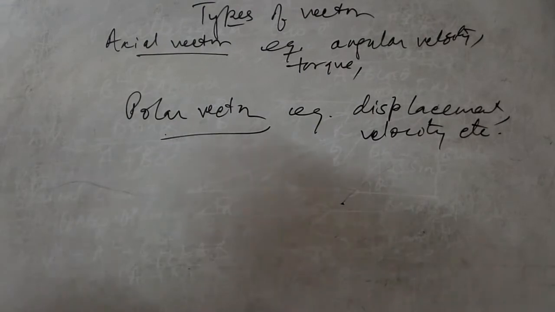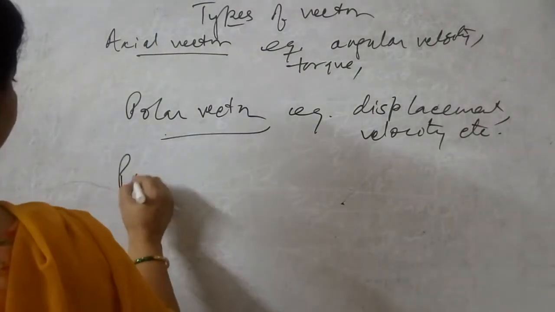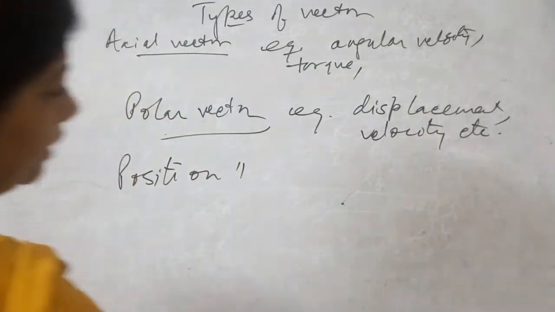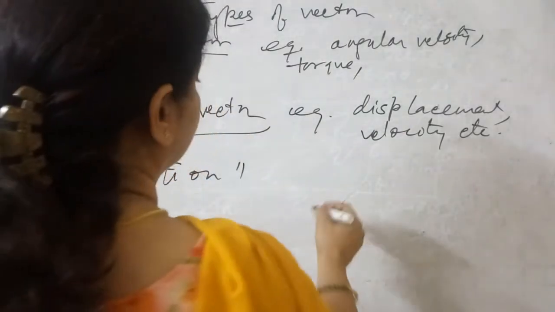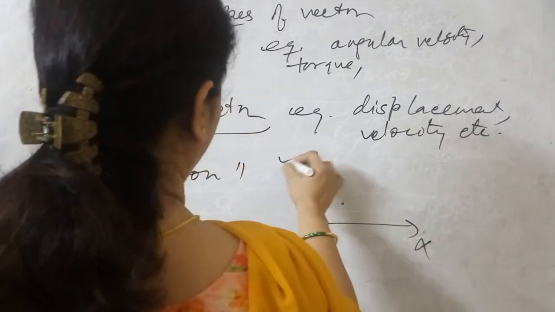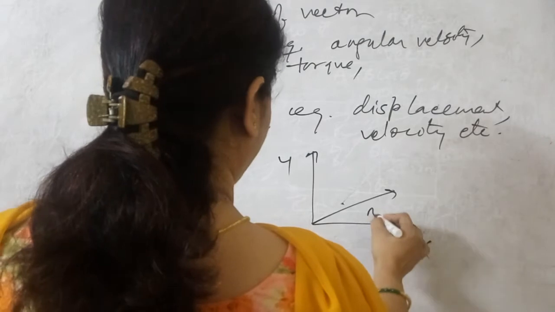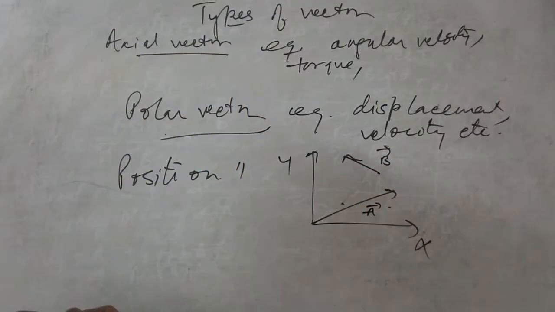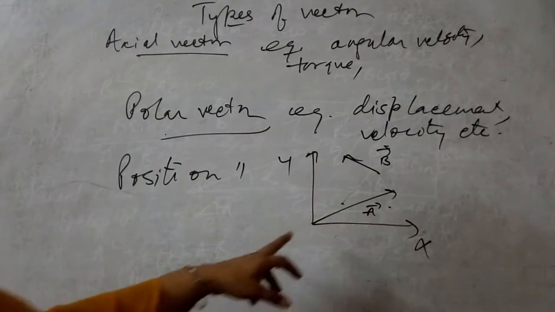Now let us take a few more. Let us talk about the position vector. When we talk of the position vector, we need the origin. Suppose this is the x axis and this is the y axis. Let us assume this is vector A and this is another vector B, and this is the origin.